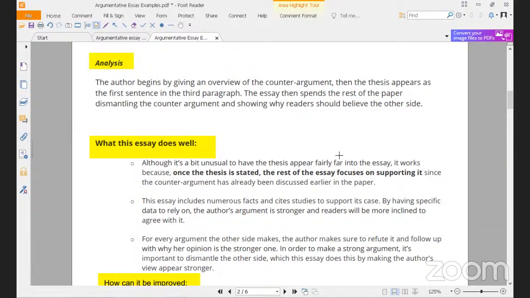The essay is more in facts and opinions, but there is not a conclusion. Okay, good.